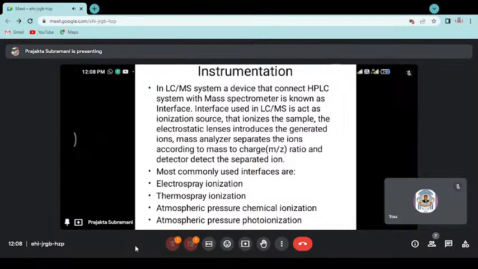The next technique, the most commonly used in LCMS, is the atmospheric pressure chemical ionization technique. Atmospheric pressure chemical ionization is also a soft ionization method. It is similar to the chemical ionization technique, where primary ions are produced on solvent spray.